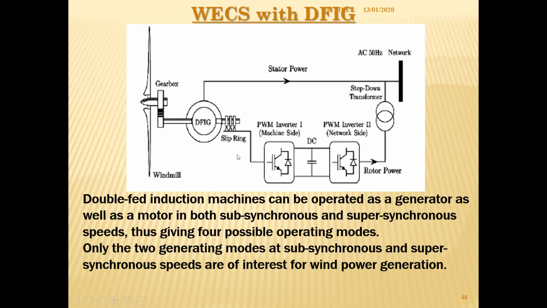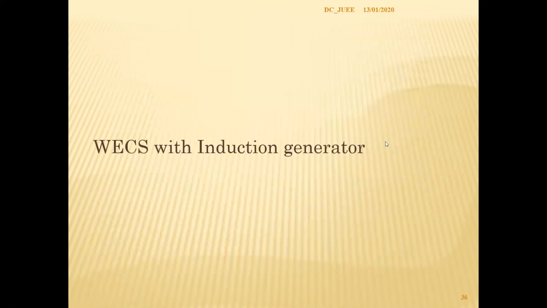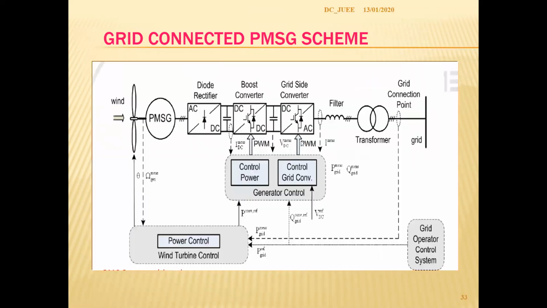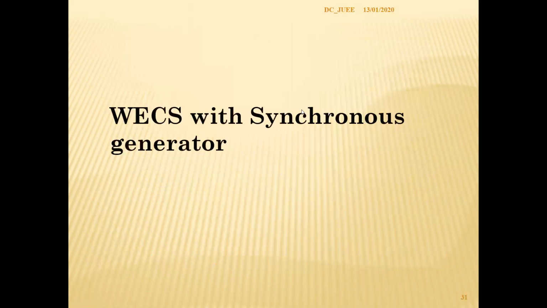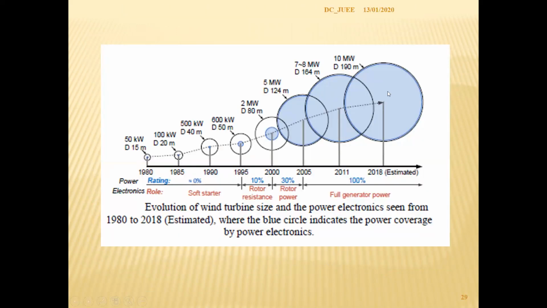That is the reason that in the plot we showed, it is changing very fast. From 2005 onwards, the entire power control was possible because we were using this system. We use this system nowadays because we control very little power at the rotor and actually control very large power at the stator side.